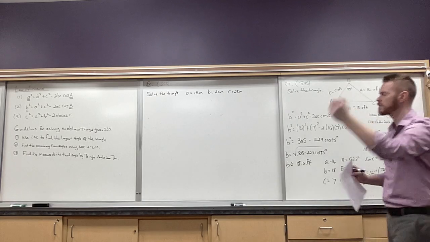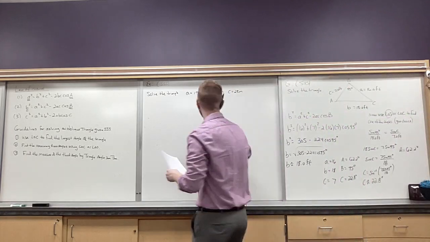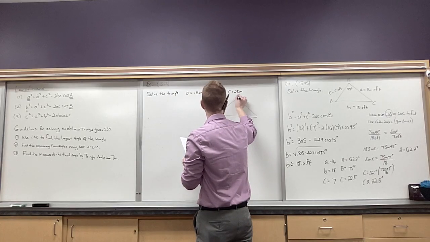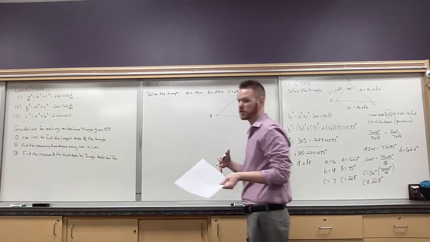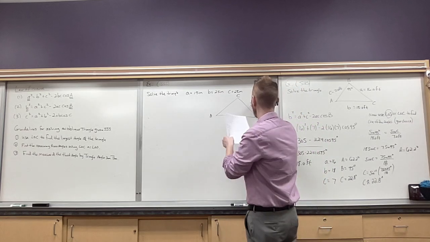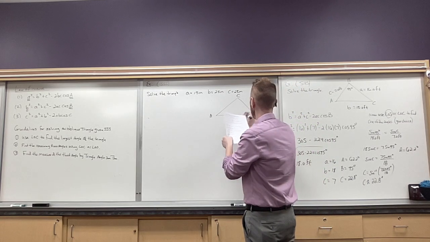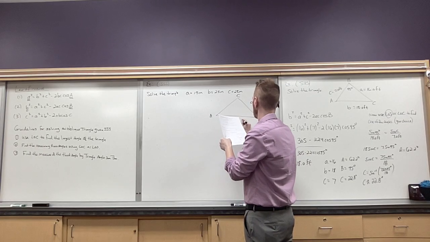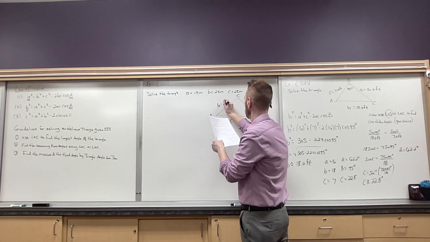Let me draw just a basic triangle. It does not have to be accurate. It's just there so I can put some pieces onto a picture, that way I can formulate my equations. So we have little a, that's 15. Little c is 28. Little b is 25.